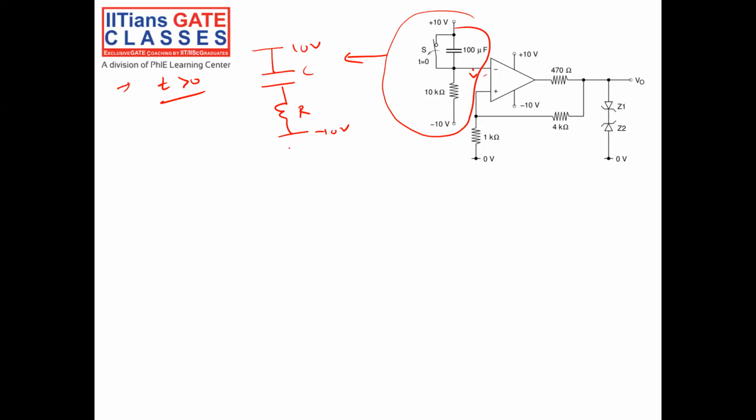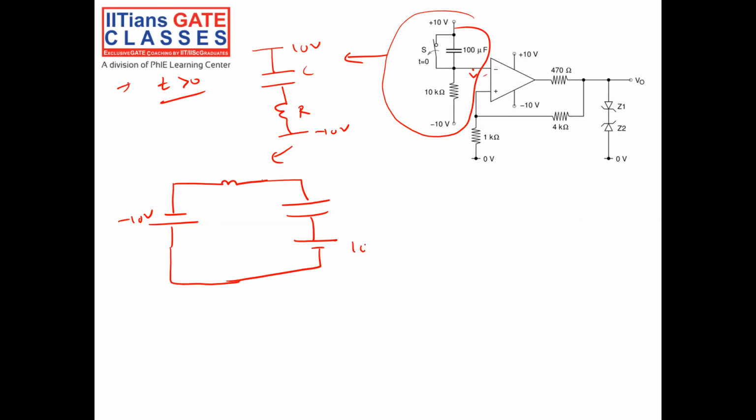So if I want to draw the circuit in another way, I have minus 10 volt. Then there is a R. Then there is a capacitor C. Then I have from here to ground plus 10 volt. R is C. Right or not?